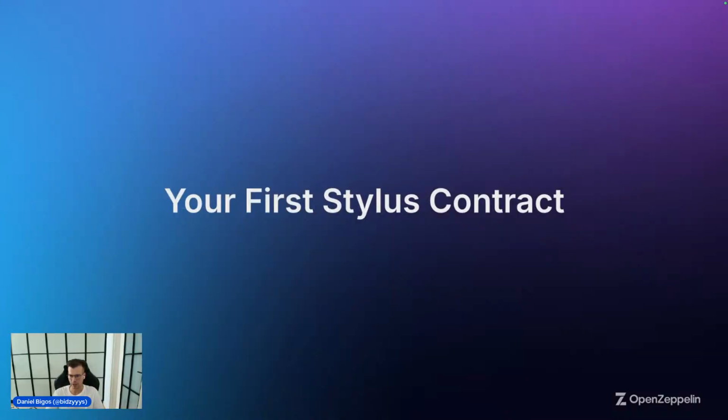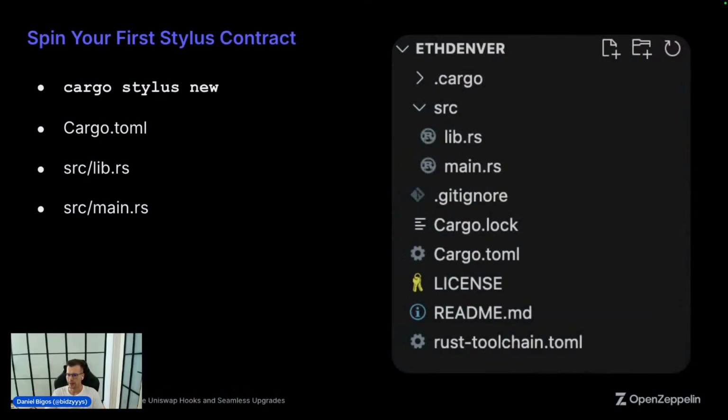Now let's have a quick look at how to write a very simple counter smart contract in Stylus. In order to start a Stylus project, we need to use the Cargo Stylus tool and type the new command. This command generates for us a regular Rust project with all the dependencies and files that we need. We need to take a quick look into a couple of them. The first one, Cargo.toml, is the file to manage all the Rust dependencies of the Rust project, and of course, our Stylus smart contracts.